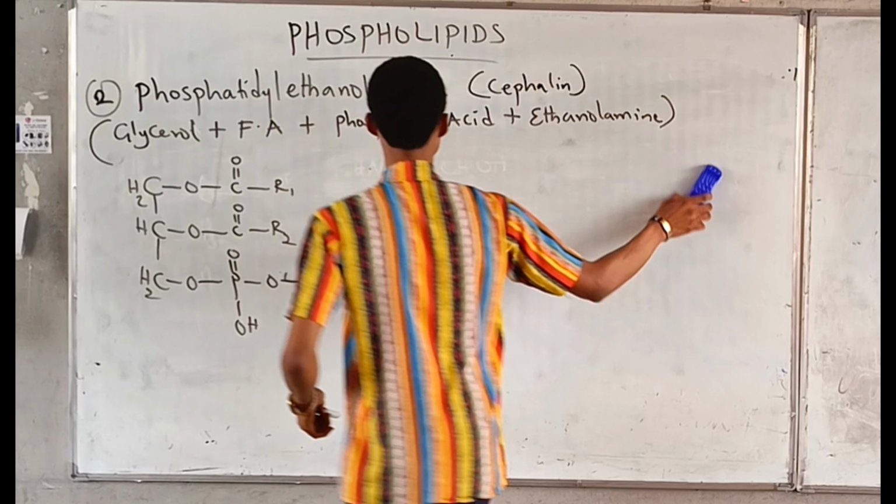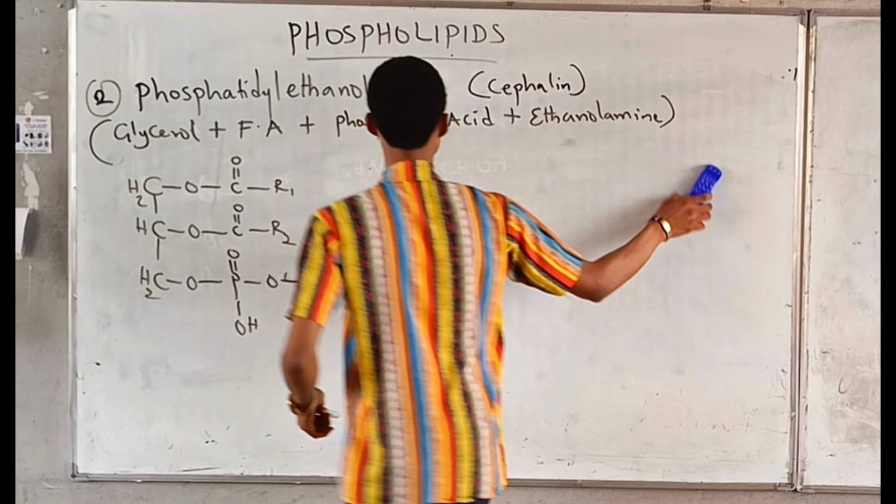But you know, phosphatidyl ethanolamine is also called what? Cephalin, right? So in case you are asked to draw cephalin, it's still phosphatidyl ethanolamine. Now, if you want to draw phosphatidyl ethanolamine, the first question you should ask yourself is, what is it made up of?